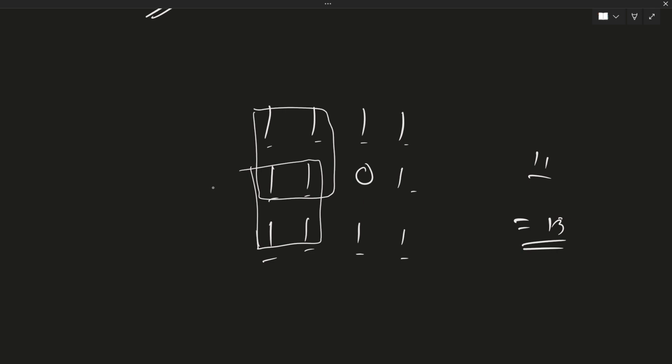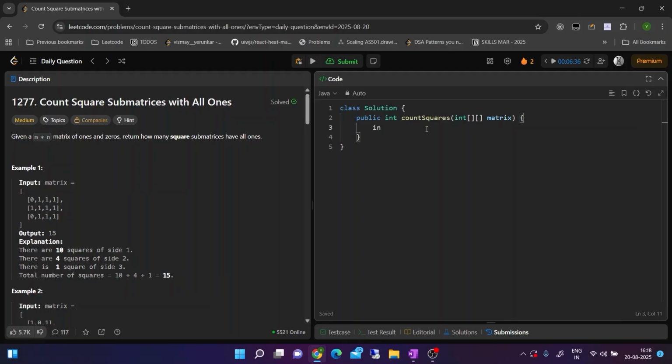So let's try to implement this in our code. First let's keep track of the rows and columns of this matrix, which is matrix.length. Then I have the number of columns, which is matrix of 0 dot length. Then we will maintain our answer variable.